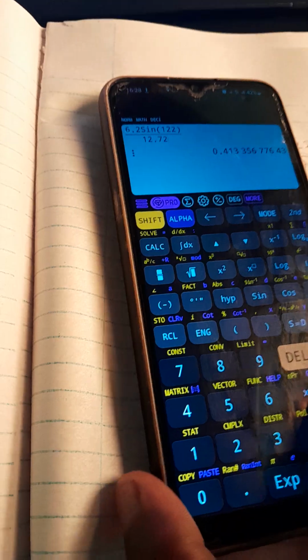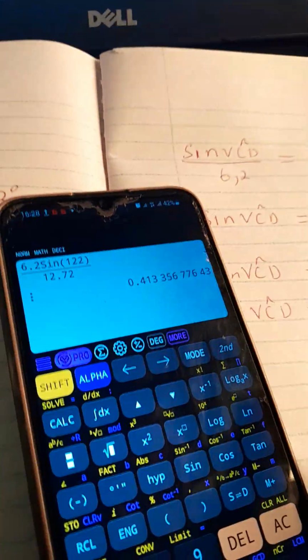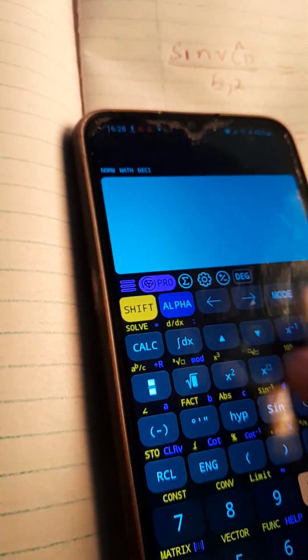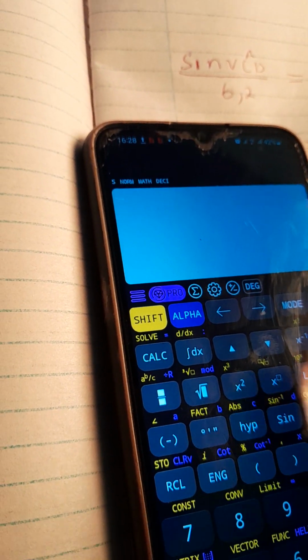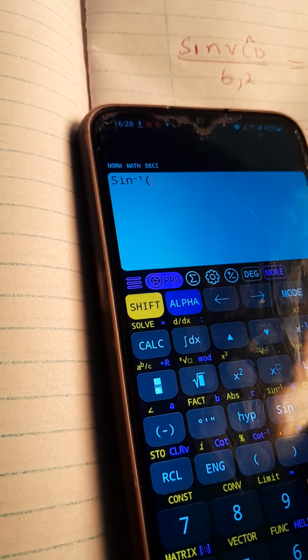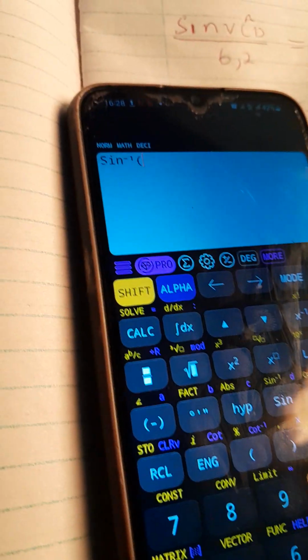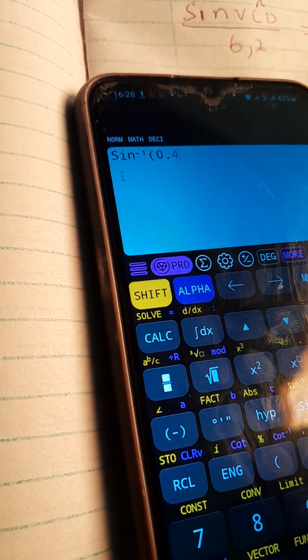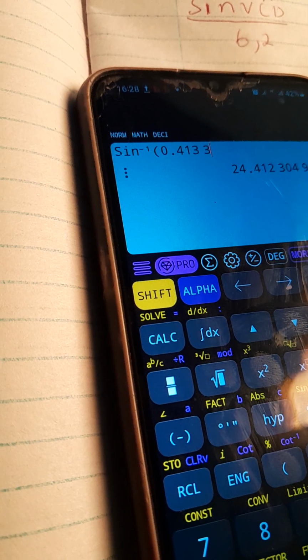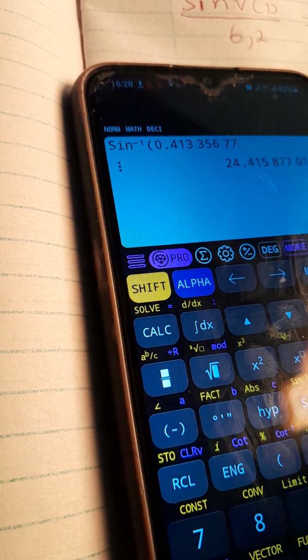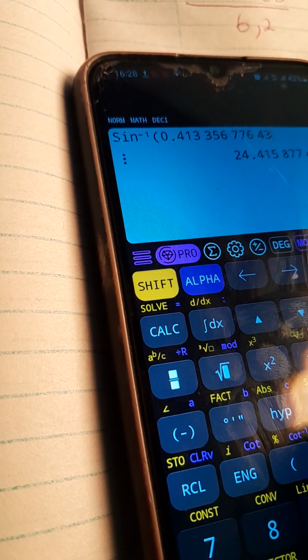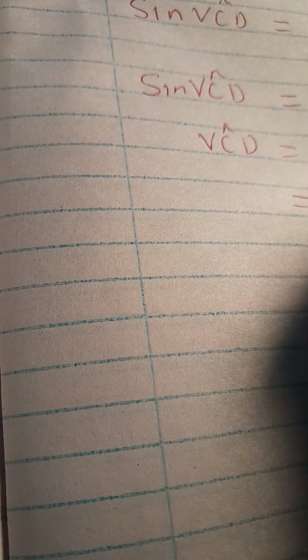With your calculator in degrees, you just say shift, then sine. Then you get 24.4158774173 degrees, which is equivalent to 24.42 degrees.